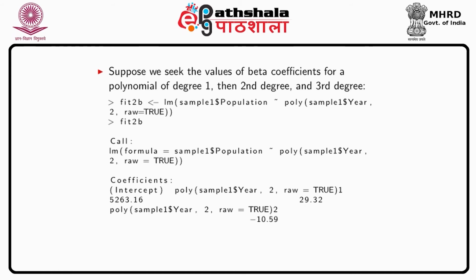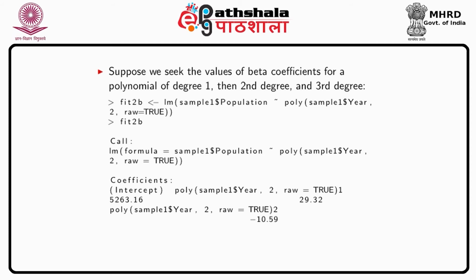Now as you can see, here also we are using the LM function. As I had mentioned in a previous module, whenever we fit a regression model with x variables which have functional forms other than the linear form, we can still use the linear model function in R. The reason being the LM function works for a linear model which is linear in the parameters. If you notice the 2nd degree polynomial that we are trying to fit here, we are taking higher order polynomial form of the x and not the coefficients.